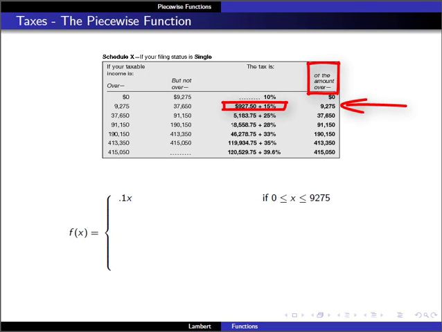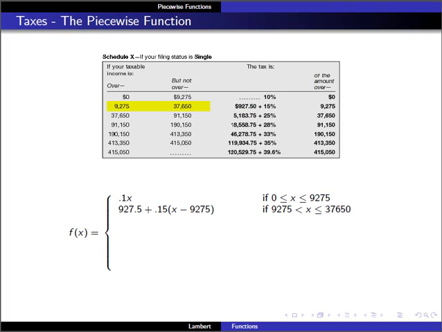So basically that 15% over that $9,275 will be 0.15 times the quantity x minus 9,275. So plugging in for that formula, you get 927.5 plus 0.15 times x minus 9,275, that last quantity there. In this range, it's based upon our taxable income range.